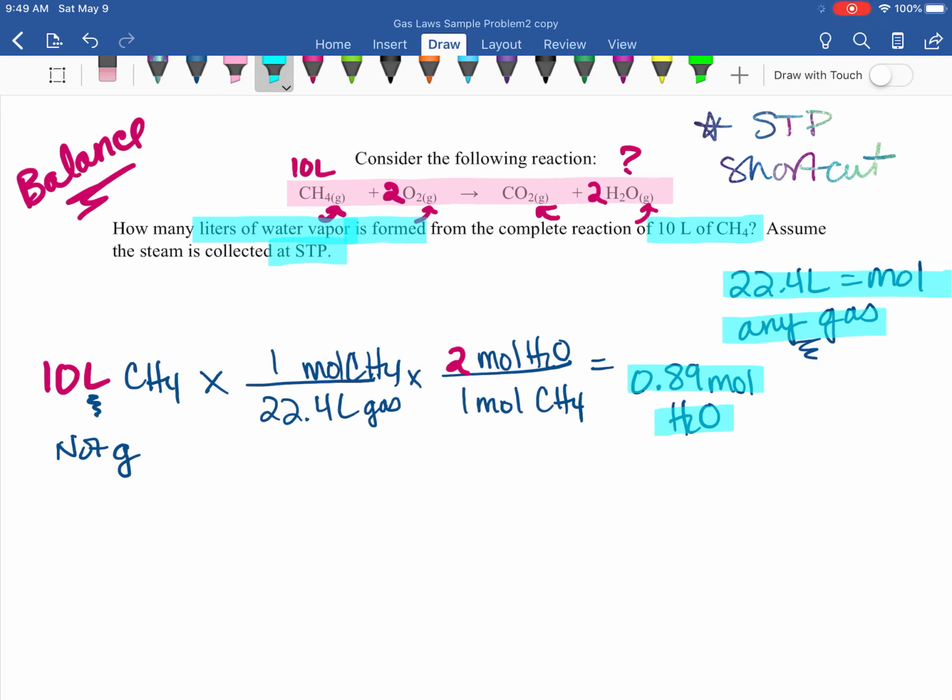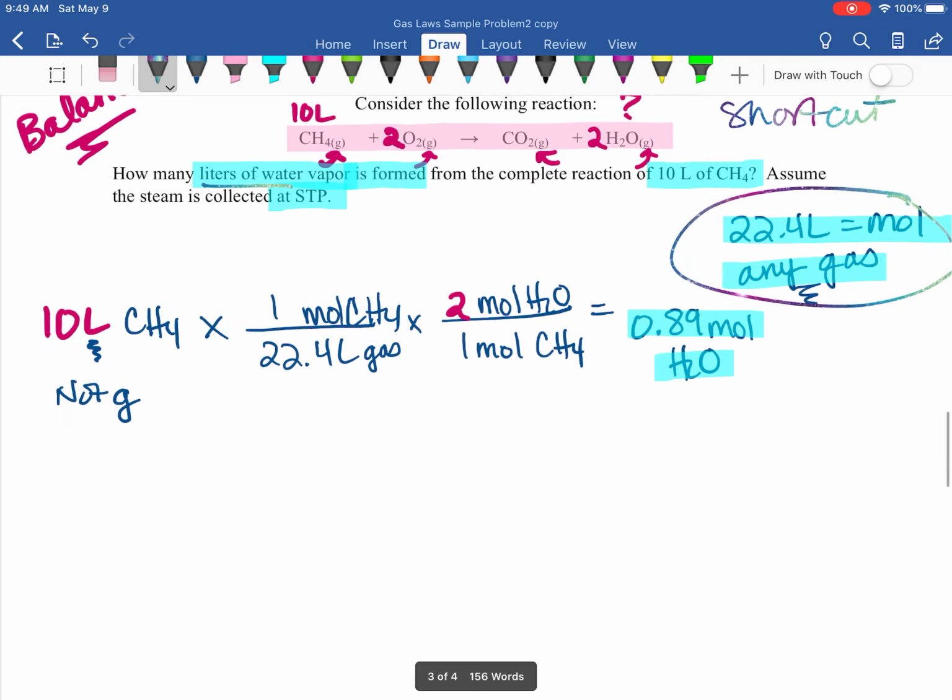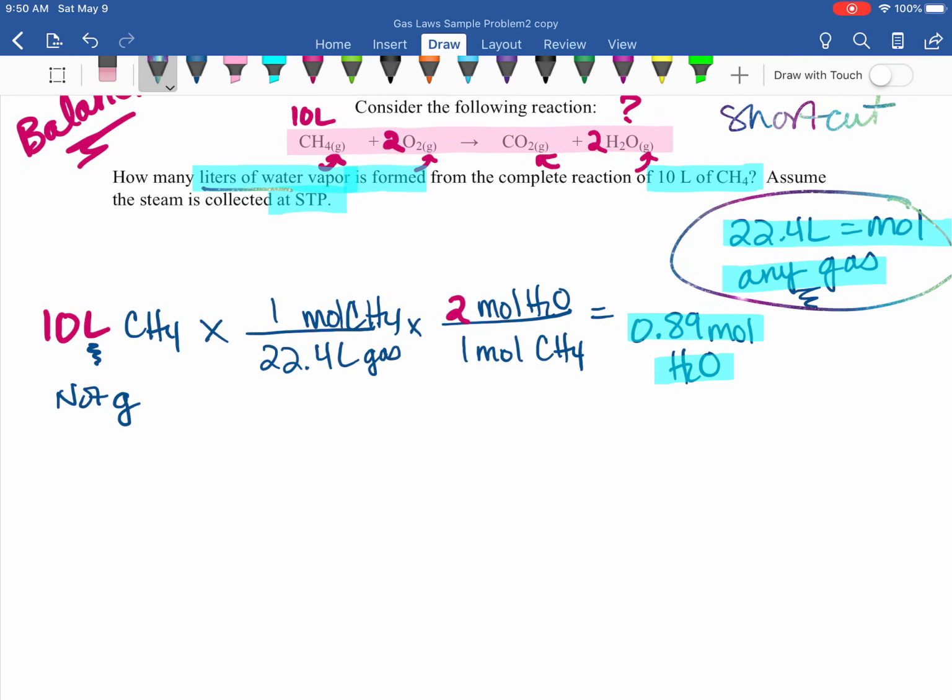All right, so now this is awesome because we get to turn right around and use our unit conversion again and solve for liters of water vapor. This seems like cheating because we haven't even used PV equals nRT. All right, let's take our 0.89 moles of water and let's convert it to liters.